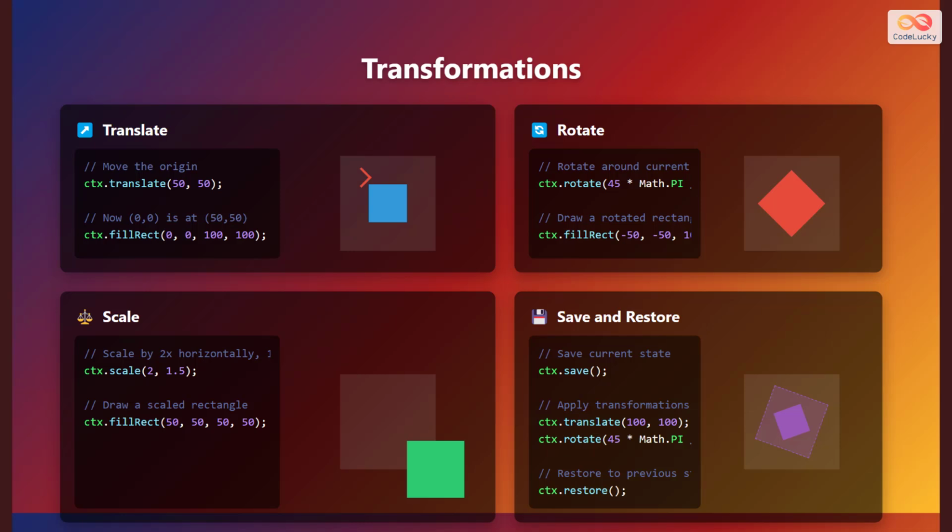To rotate: context.rotate 45 times Math.PI divided by 180, context.fillRect -50, -50, 100, 100. To scale: context.scale 2, 1.5, context.fillRect 50, 50, 50, 50. And to save and restore: context.save, context.translate 100, 100, context.rotate 45 times Math.PI divided by 180, context.restore.